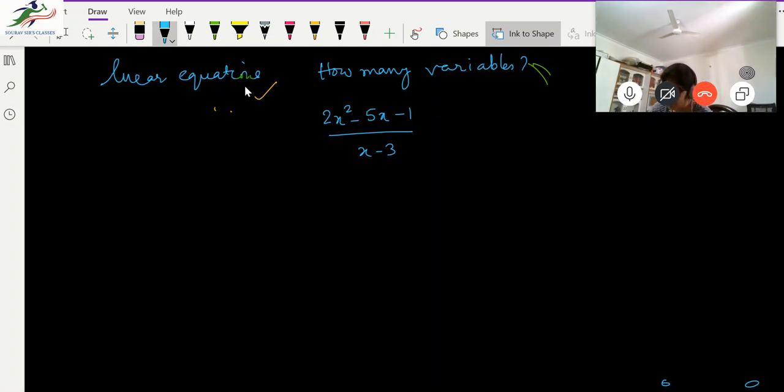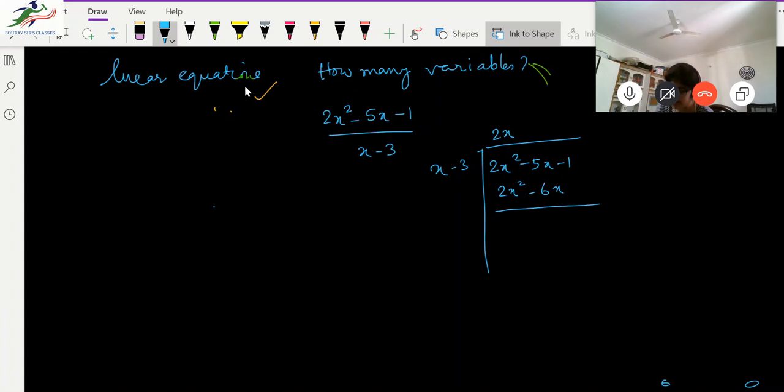We'll divide 2x square by x and we'll get 2x. Then we multiply 2x with x minus 3. We get 2x square minus 6x, which will become minus 2x square plus 6x.